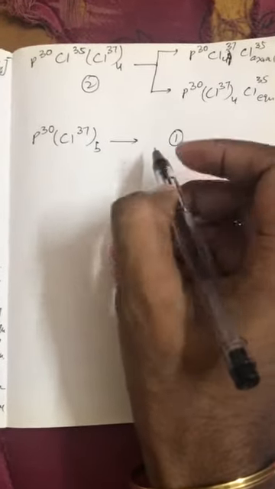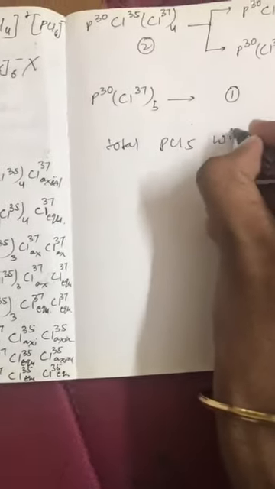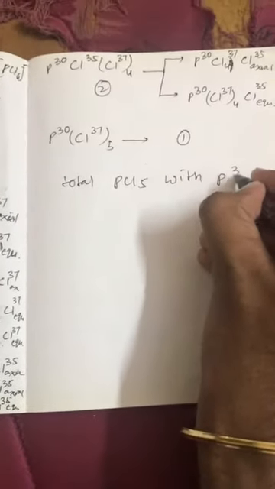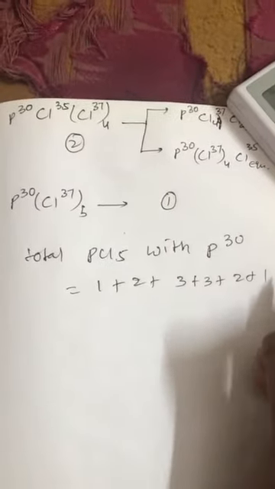So like this, total PCl5 with P30 is equal to 1 plus 2 plus 3 plus 3 again plus 2 and plus 1.